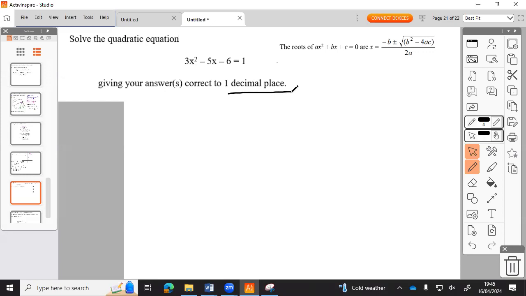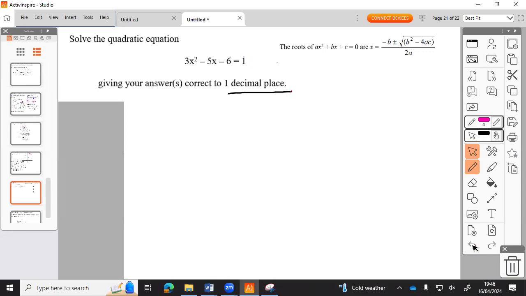So the first thing here is when we are solving quadratic equations, we need to equate it to 0. So that 1 over on the right hand side is a problem. We need a quadratic trinomial on the left hand side equal to 0 on the right hand side.